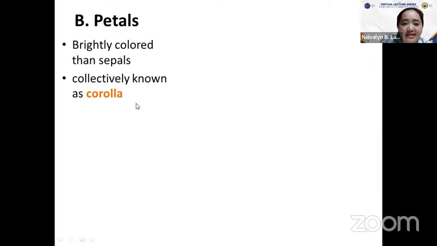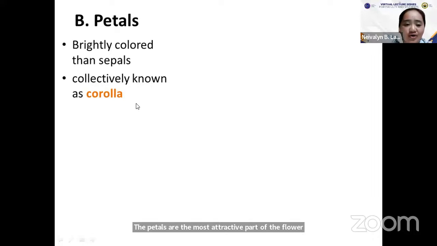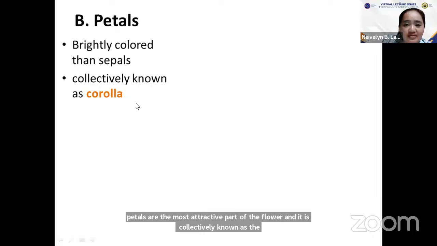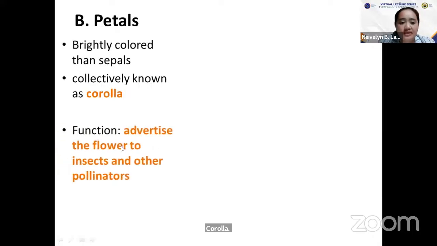Okay, so going back, the petals are the most attractive part of the flower, and they are collectively known as the corolla. Let's see the function of the petals.